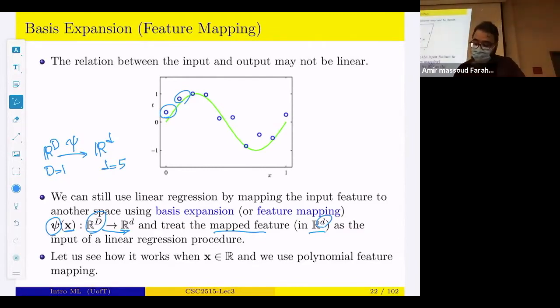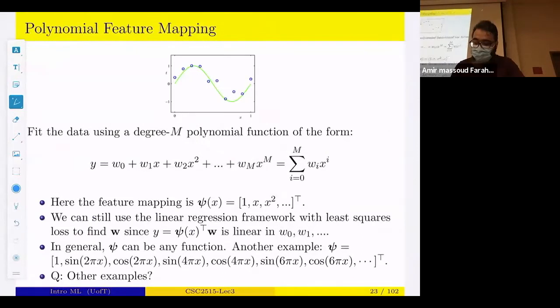So let's see how it works when input is one-dimensional. For this, we use polynomial features. What does it mean? It means that we choose psi to be a mapping that changes x to the constant 1, x, x squared, x to the power of 3, and so on.